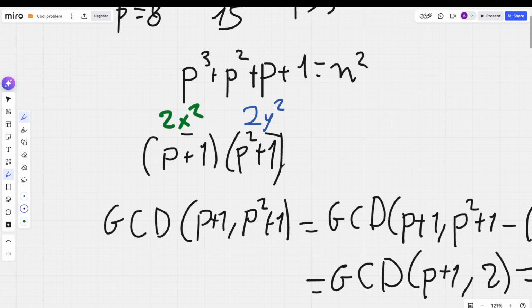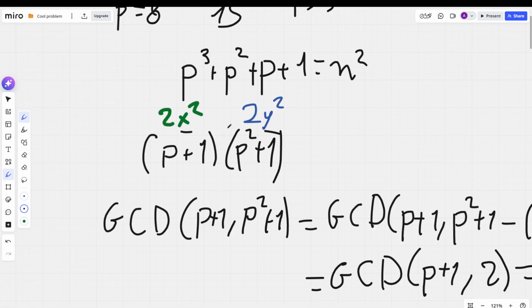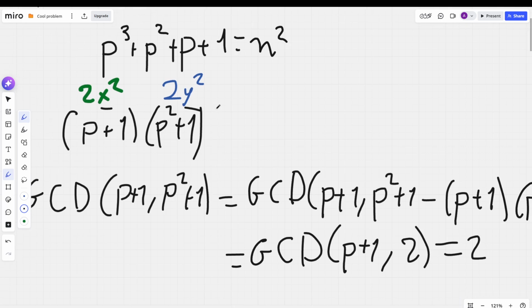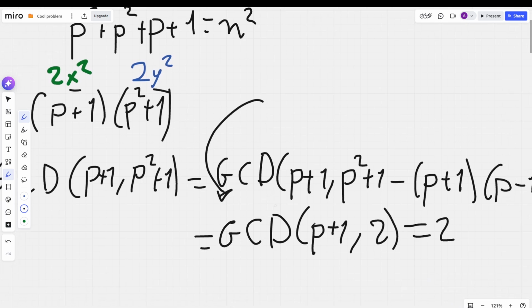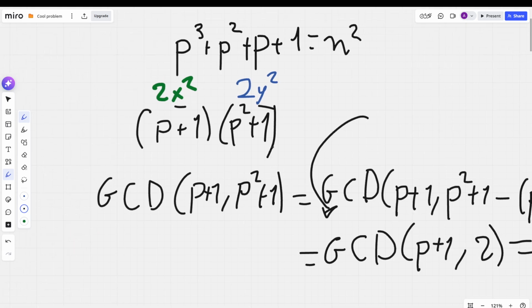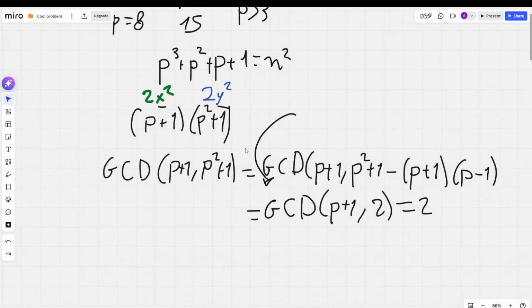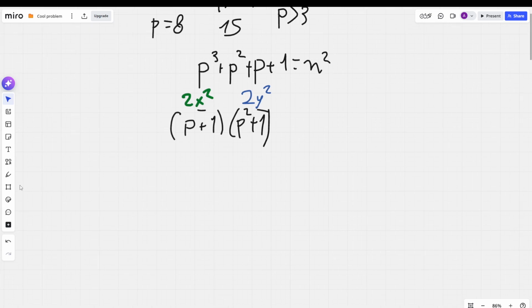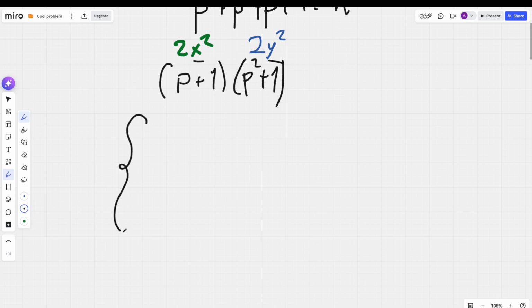And x and y have to be co-prime due to the Euclidean algorithm, and they both have to be squares since the product of two co-prime integers is a square if and only if they are both squares. So the problem now reduces to finding the solutions to this system of equations.